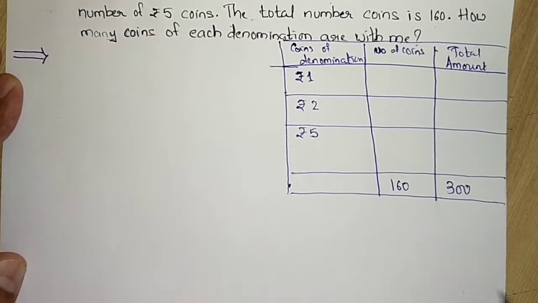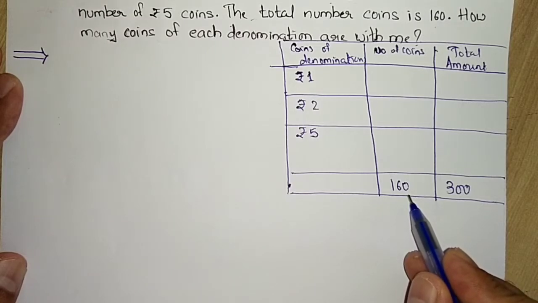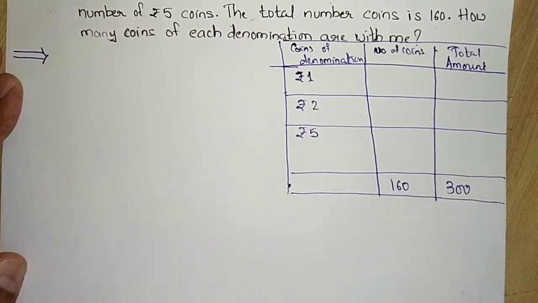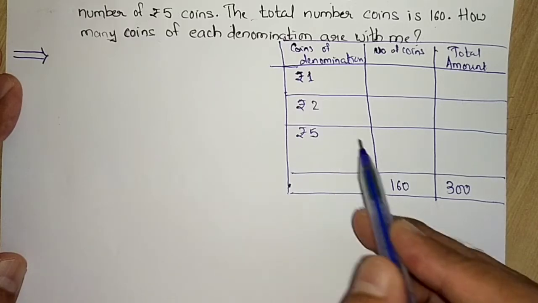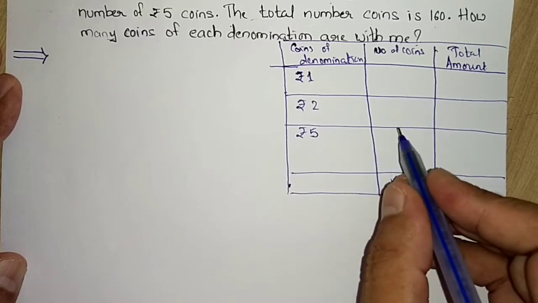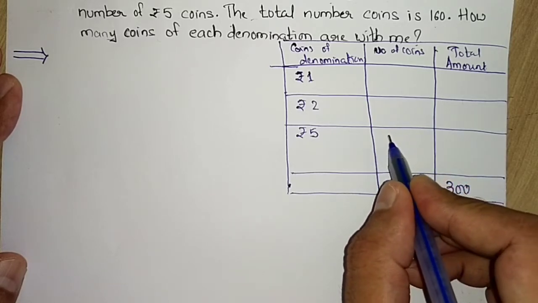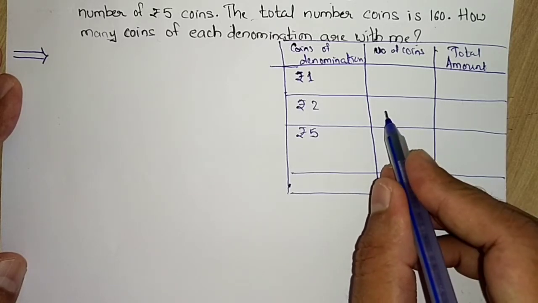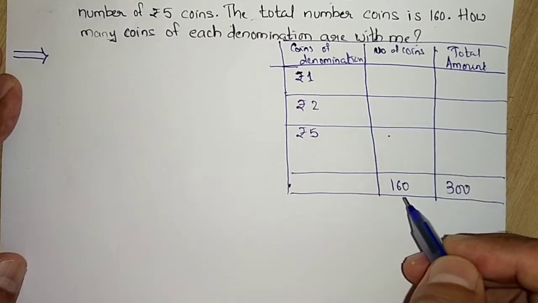Also, the total number of coins with me is 160. From this, they have given us one hint: whatever the number of rupees 5 coins is, the number of rupees 2 coins will be 3 times that.